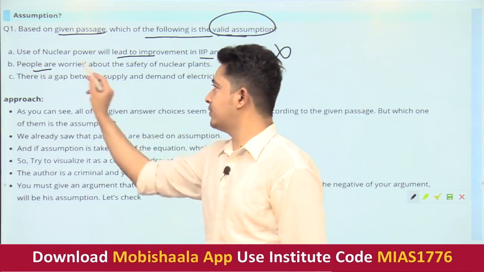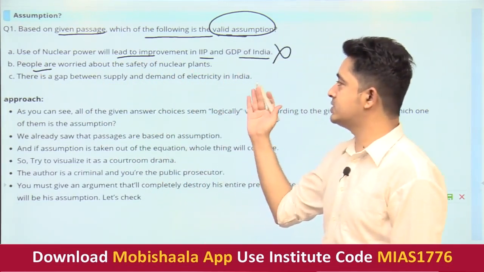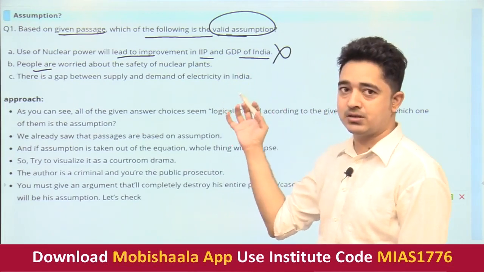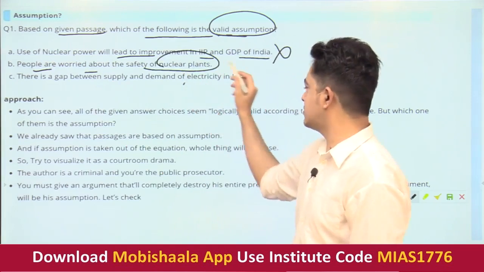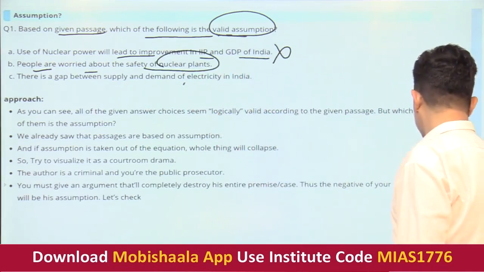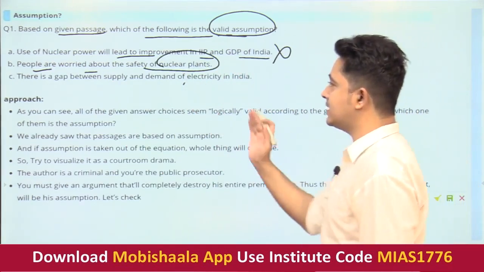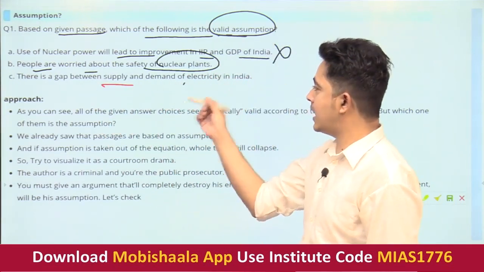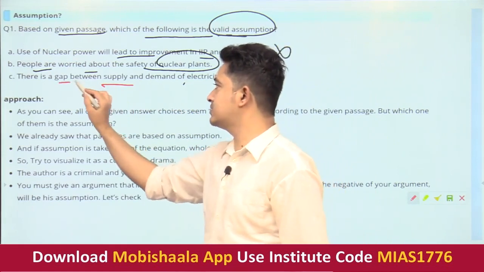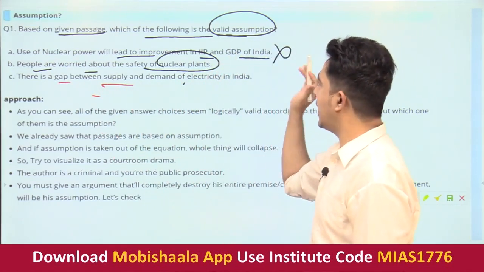Second, people are worried about the safety of nuclear plants, which could not be the answer. Third, there is a gap between supply and demand of electricity in India. Yes, this could be the best and valid assumption.